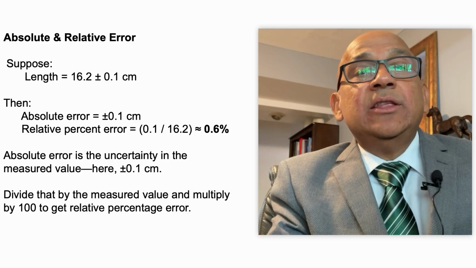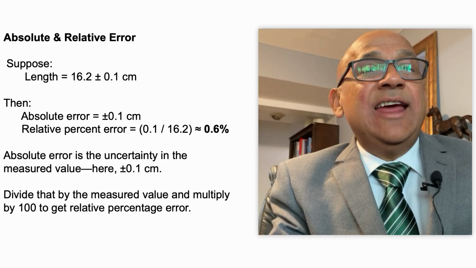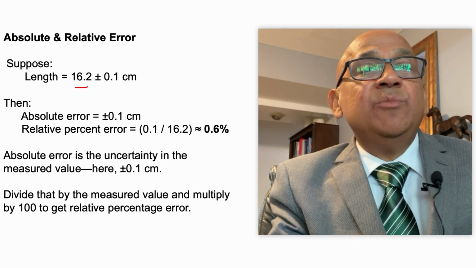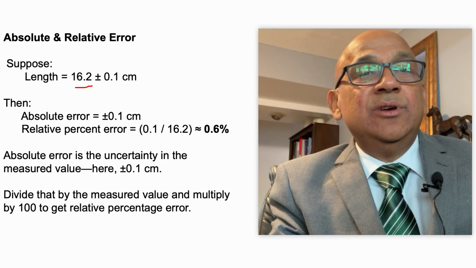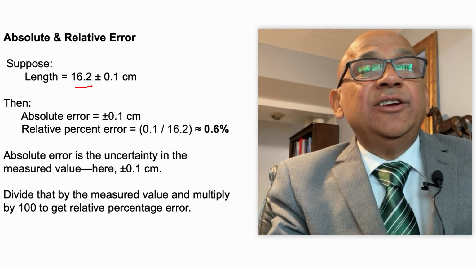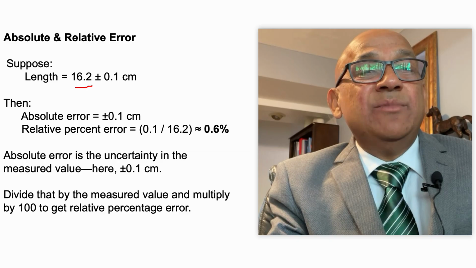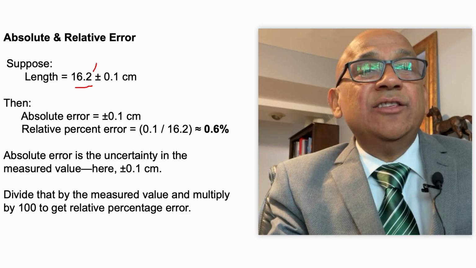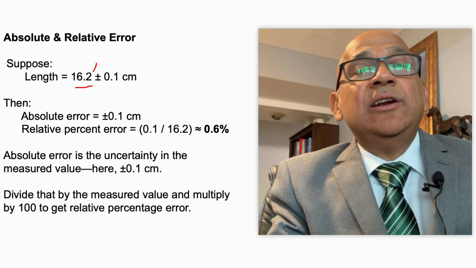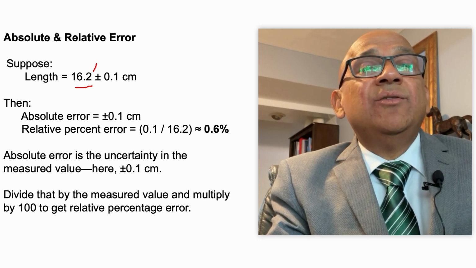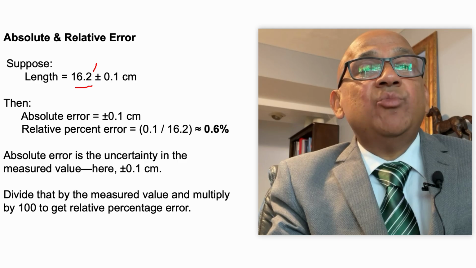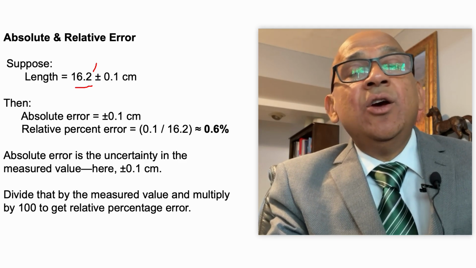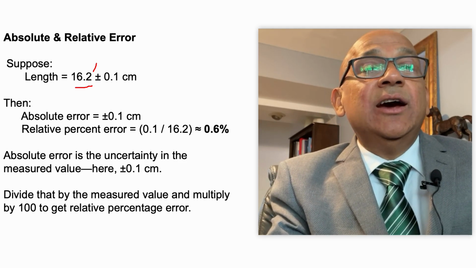Suppose you are measuring the length of an object and the length comes out to be, say, 16.2 centimeter. Then the last digit is always uncertain. The 2 digit is uncertain, and this can be uncertain by 0.1. So 16.2 can be 16.1 or it can be 16.3.